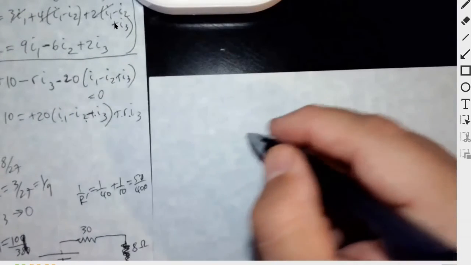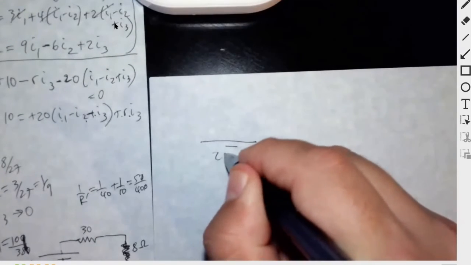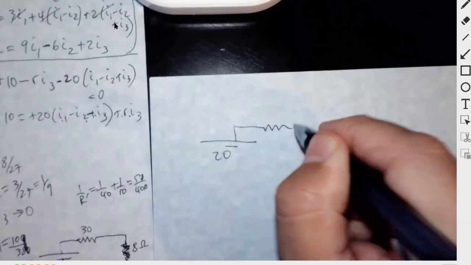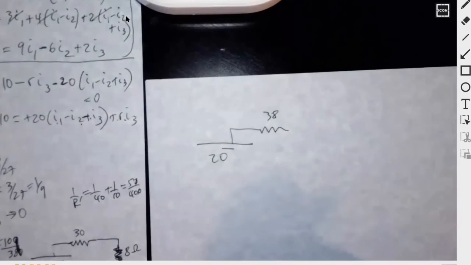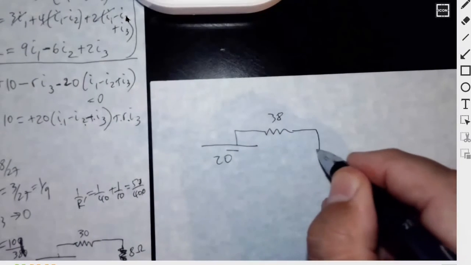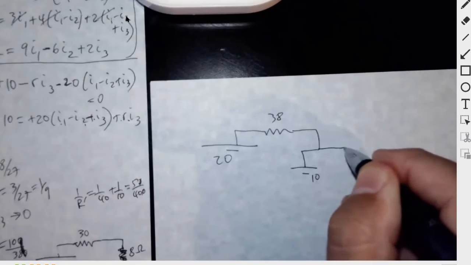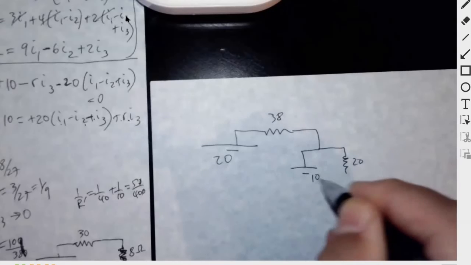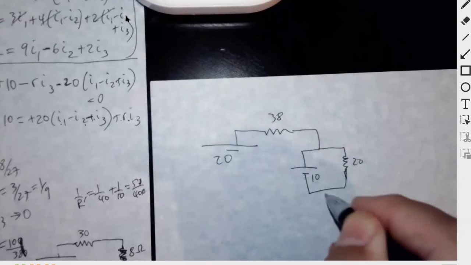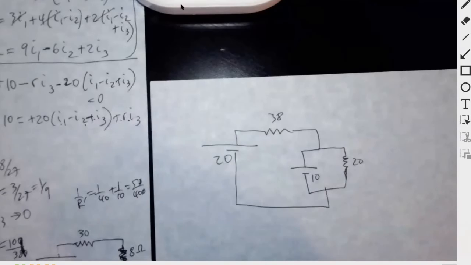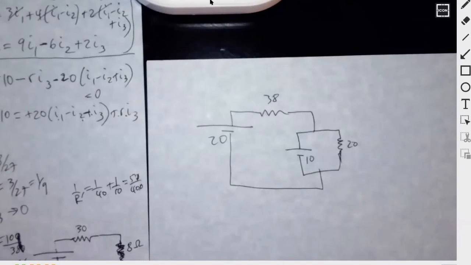So then it's behaving like this. 20, and then you've got a 38, right? And then it splits into 10 and 20. Like that.